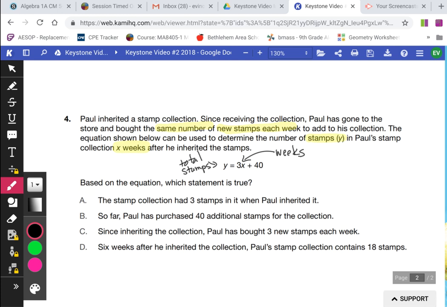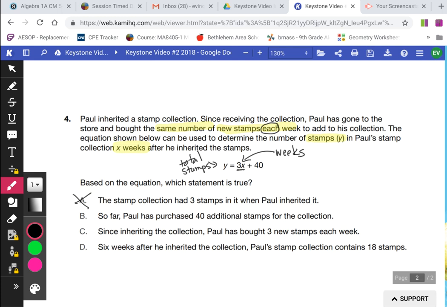I don't think so, because we multiply 3 times x. So 3 times the number of weeks. And since he has the same number of new stamps each week, each, remember, is that one of those multiplier words. So A does not make sense.